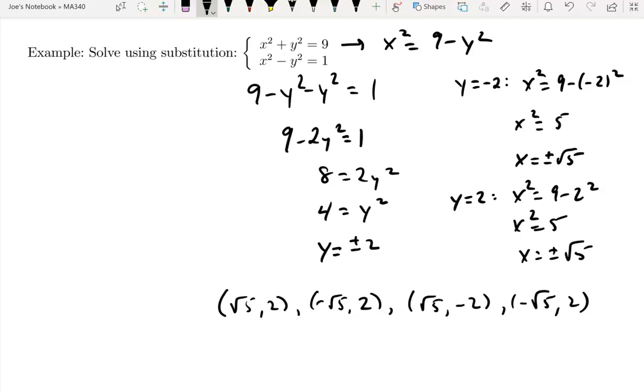So again, we get root 5, negative 2, negative root 5, negative 2, root 5, 2, negative root 5, 2. Oops, I got my negative on that last one, didn't I? So we end up with 4 solutions there. Is that okay?